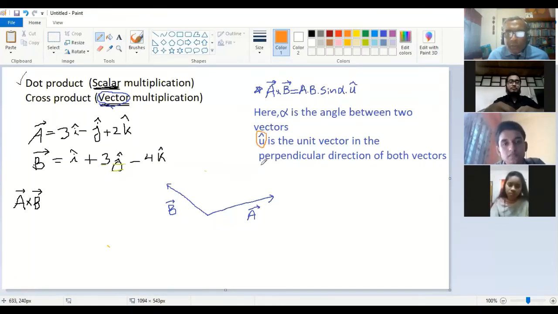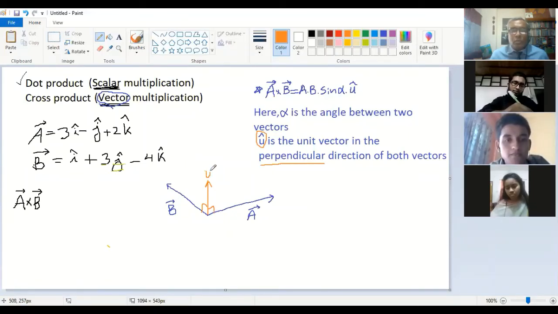Perpendicular means it will make a 90-degree angle. So the u vector will go like this, so that this angle is 90 degrees and this angle is also 90 degrees. The value of the u vector is always 1, since it is a unit vector.